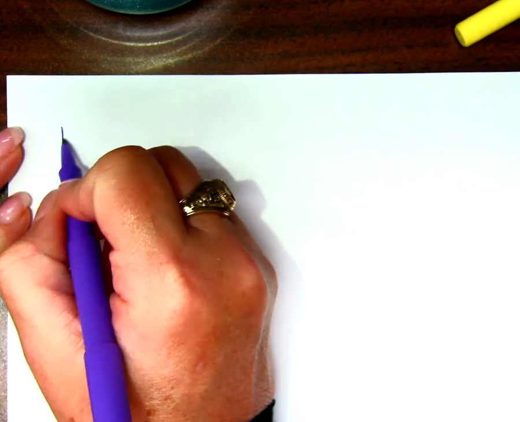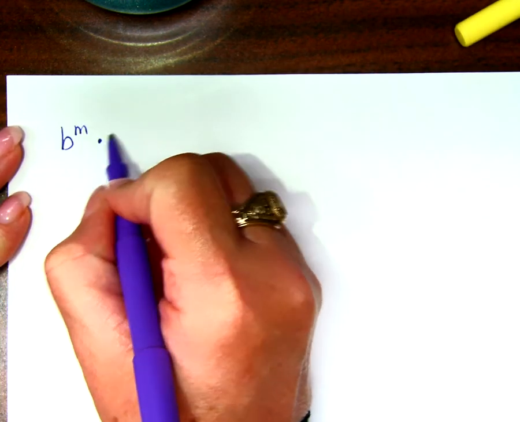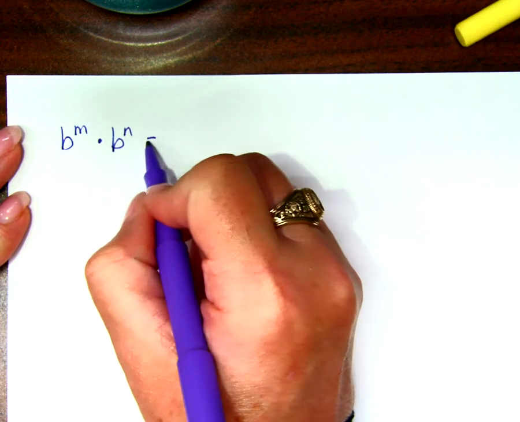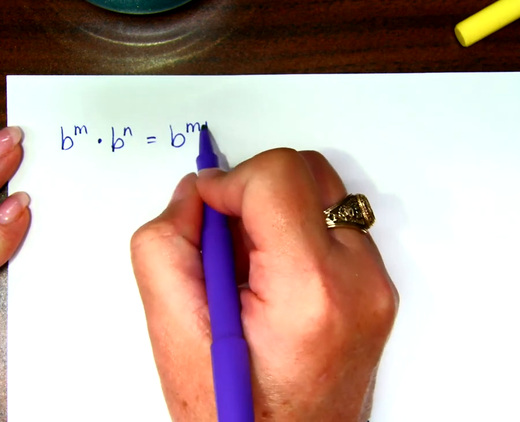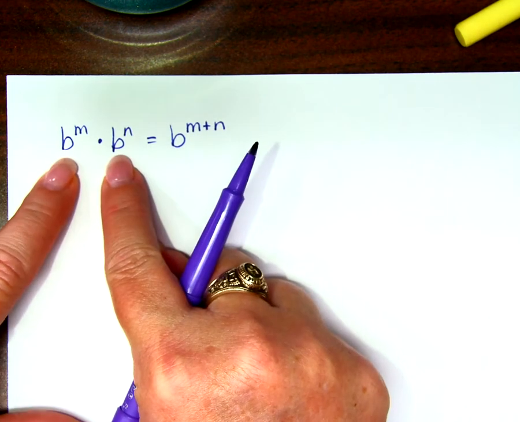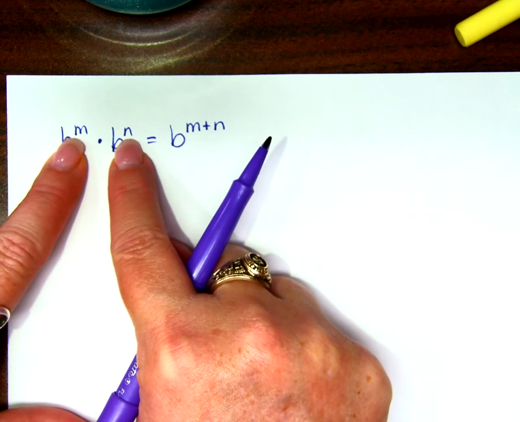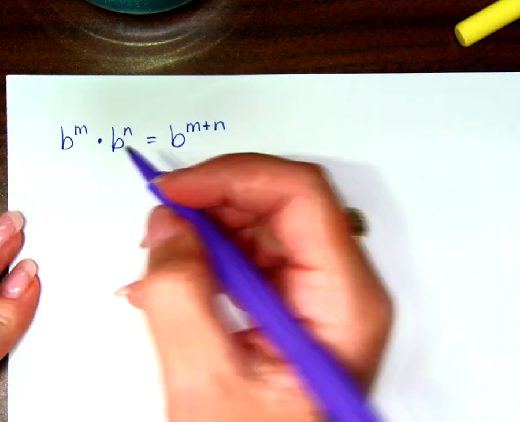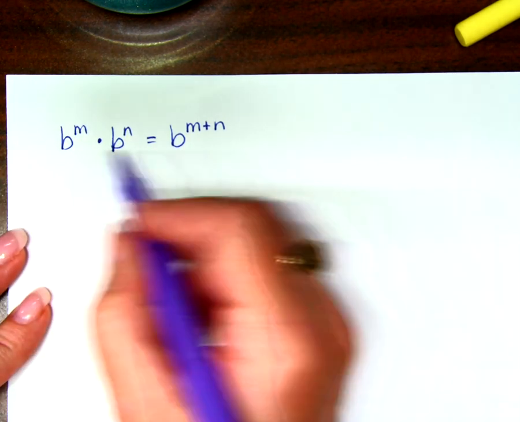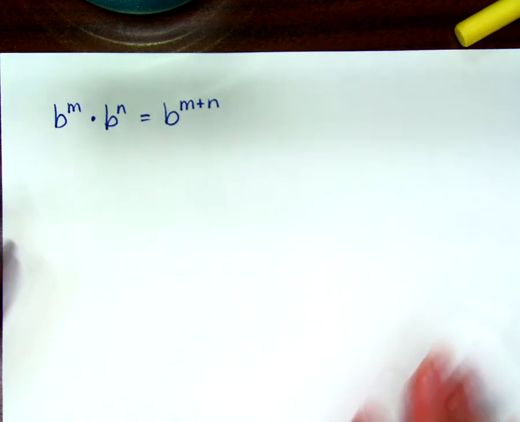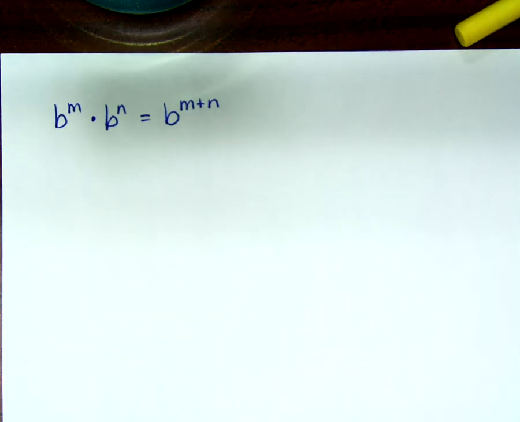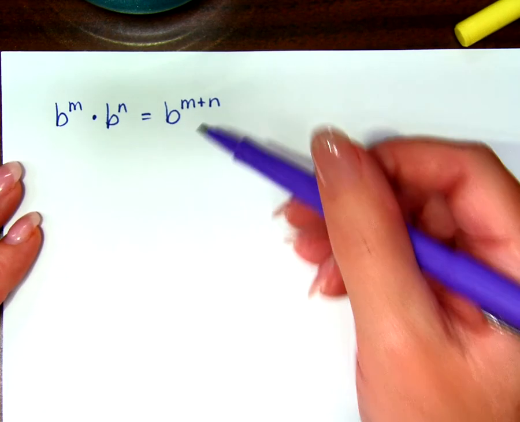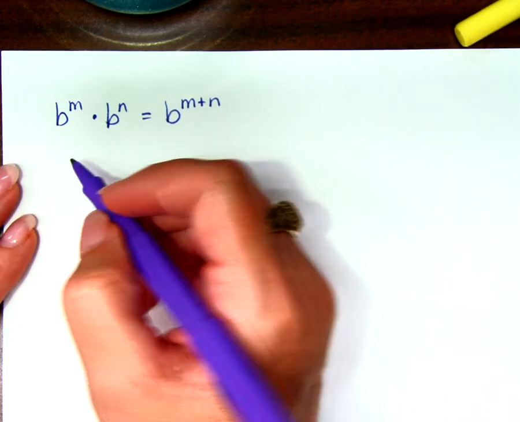Here's what the product rule says. If we are multiplying like bases, what do we do with our exponents? That's the product rule. The thing about exponents is that, because exponents and logarithms are so closely related, in fact they are inverses, the exponent rule that you know will help you remember the product rule for logarithms.